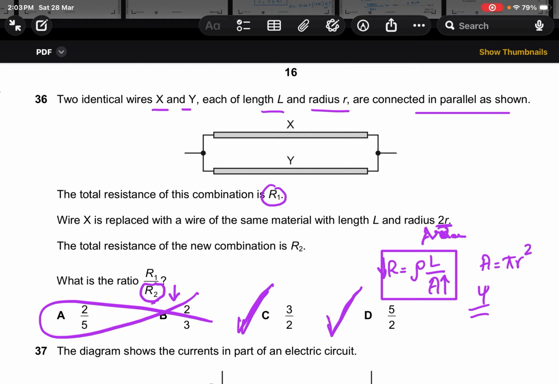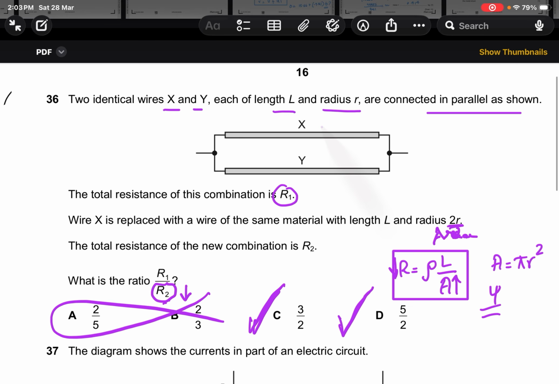Okay, so if the resistance is going to decrease by 4, the resistance of the X wire, which was earlier R, is now R/4. So now what do we do?